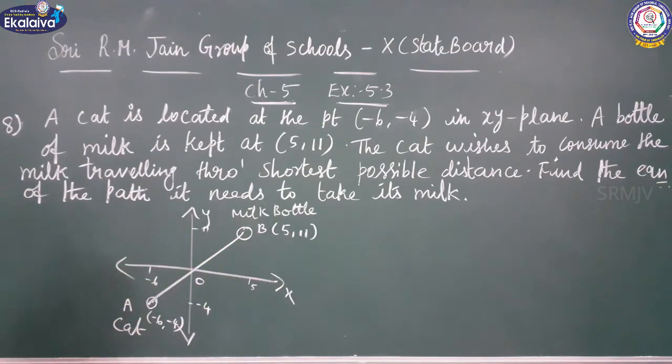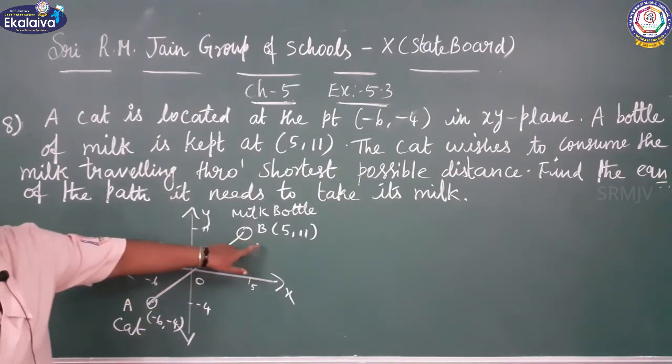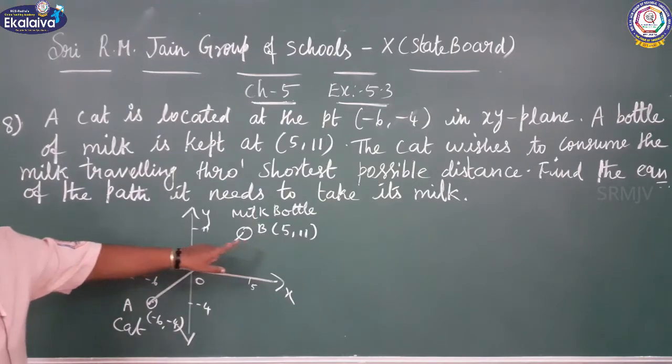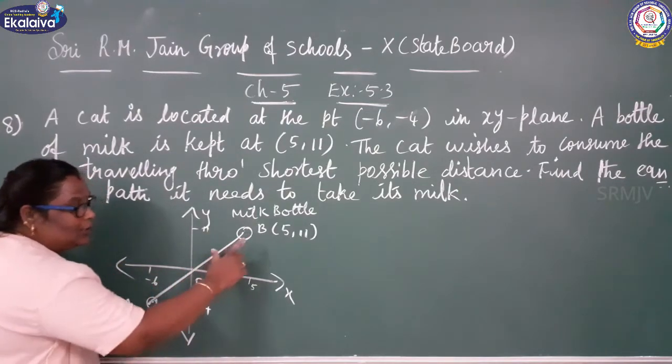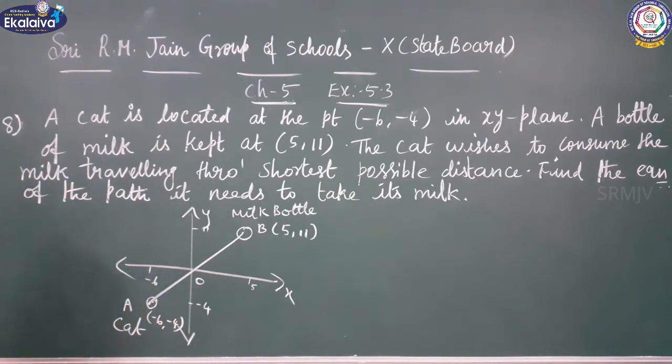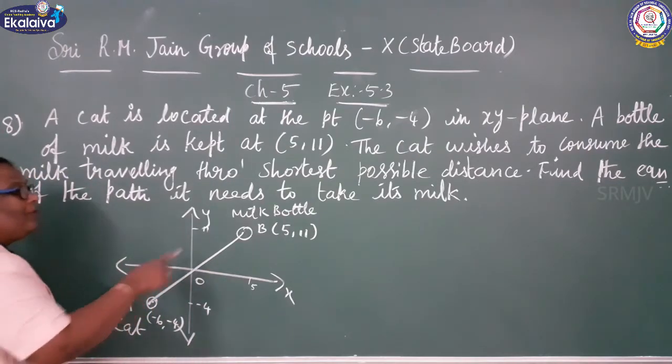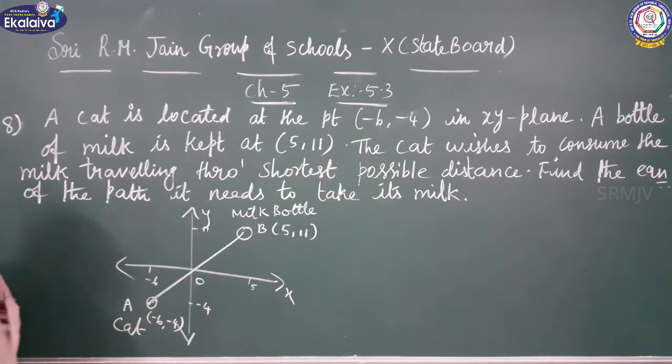Is it clear, children? This is the place for the cat and the bottle is located in the first quadrant. The equation of the line is the shortest distance. You should find out the shortest distance the cat travels to get the milk.